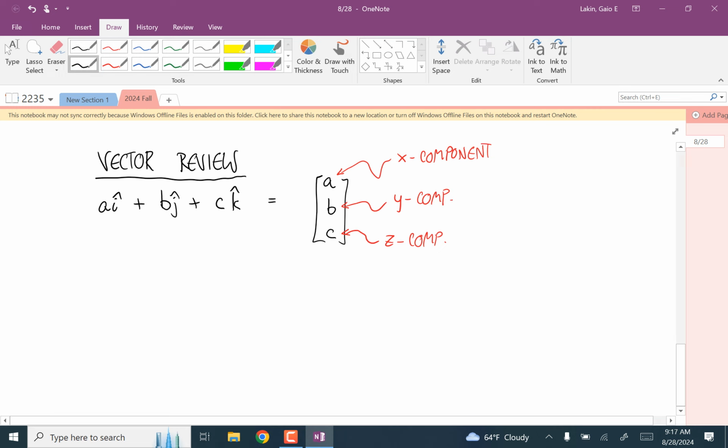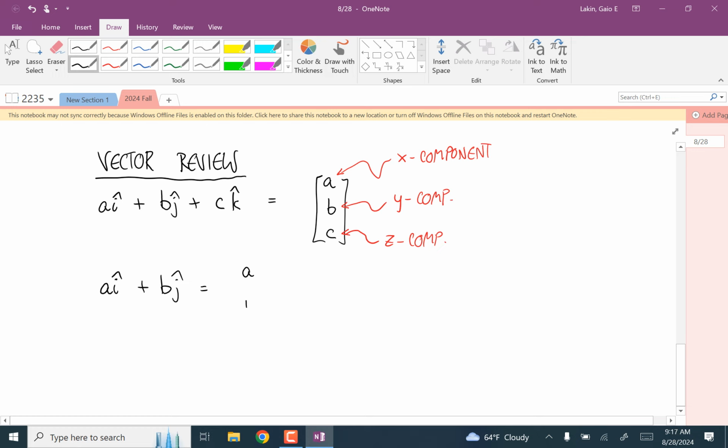In physics, you did a lot of stuff in 2D, and we're going to continue to do a lot of stuff in 2D. So just remember that if you have a vector like Ai plus Bj, you can write this two ways in this new format.